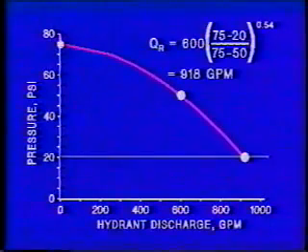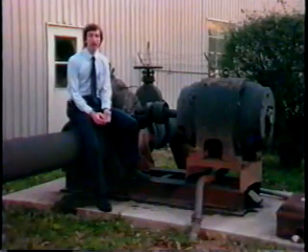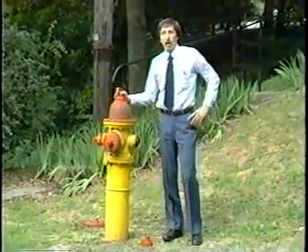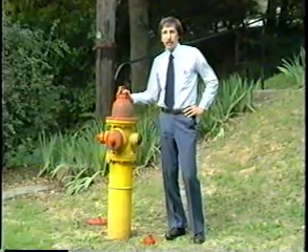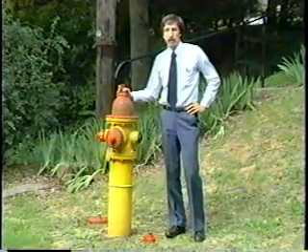We learned how to use a formula to calculate the discharge at any residual pressure, and we discussed the effect of pumps on the test. Finally, we talked about using the hydrant test data in computer modeling. Well, I hope that this video is going to help you do your job better in conducting fire hydrant flow tests and using the results.